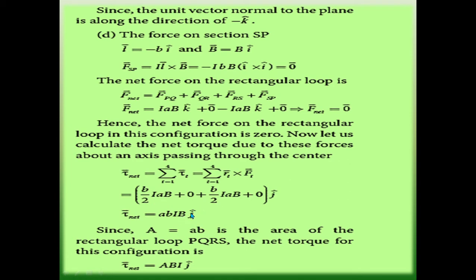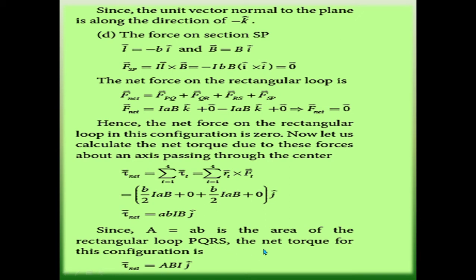From this equation we obtain the torque: a b I capital B into j cap. Here ab is nothing but the area of the rectangular loop, that is, length into breadth. So we can write capital A equals small a and b, the area of the rectangular loop PQRS.